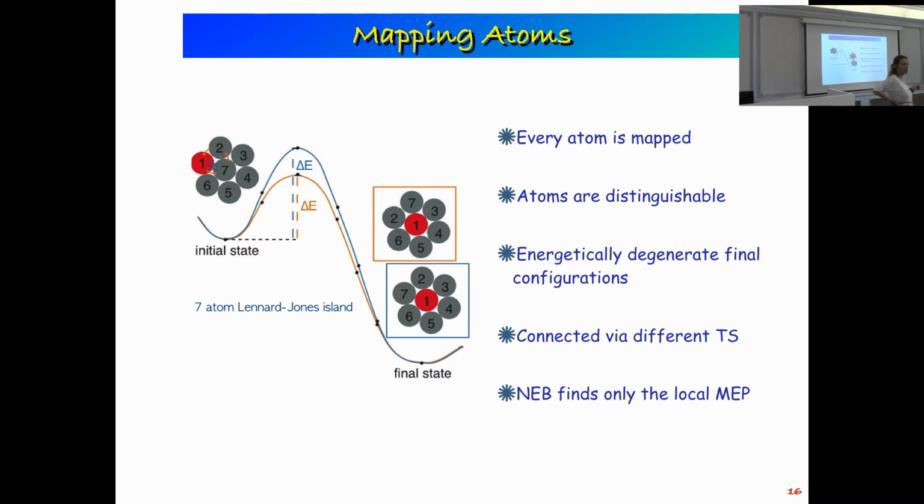But the NEB itself will find only one. No, you don't know in advance. You have to put some insight from your side, because these things are difficult to know in advance.